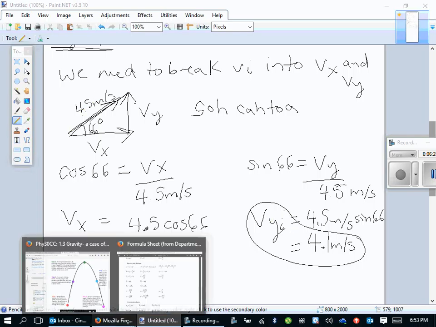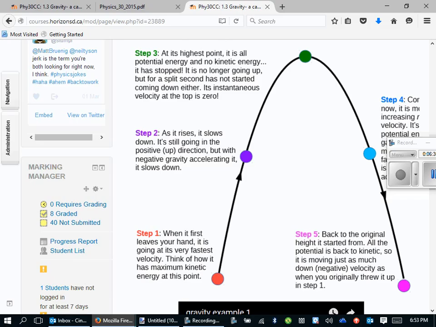Now, we have to use some of the information we've learned before. When the ball first leaves your hand, it's going its very fastest. It comes up, goes down, back to the original height it started from, all of the potential energy back to kinetic, so it's moving just as much in the negative direction as it was when you originally threw it up.